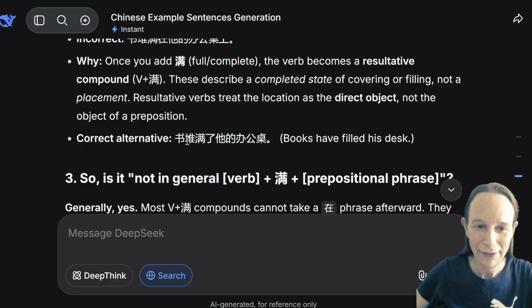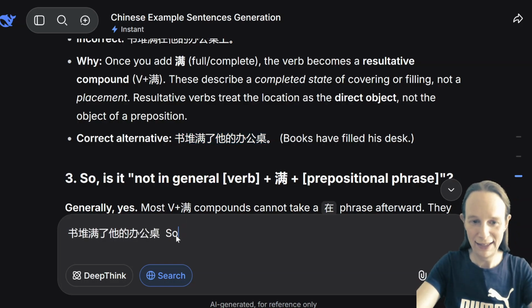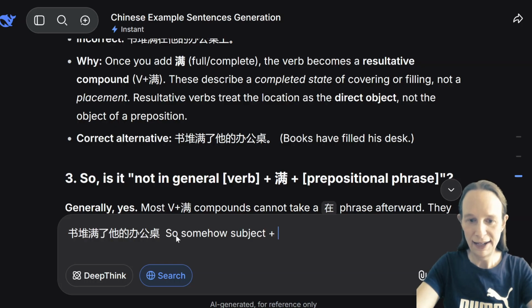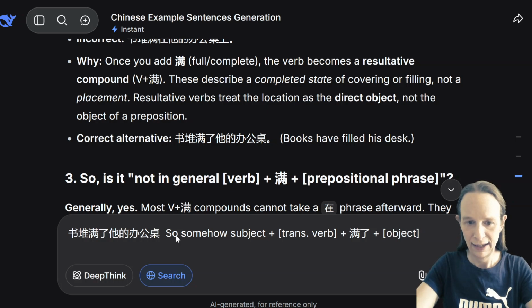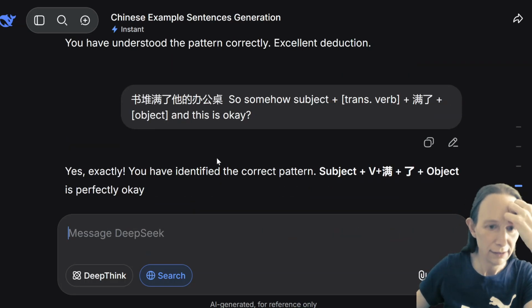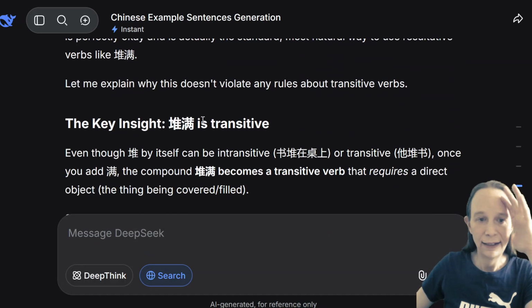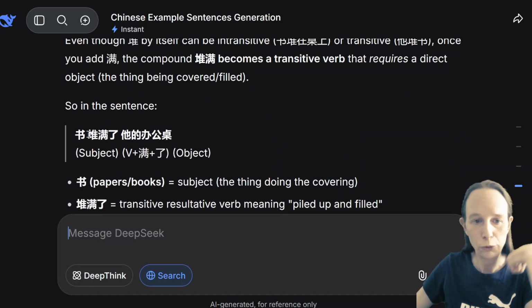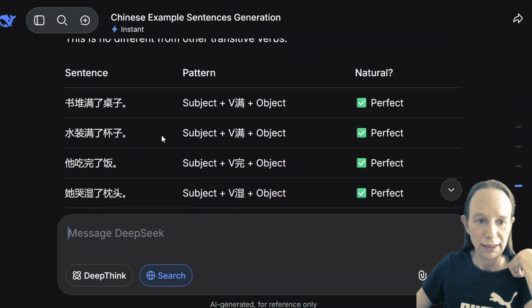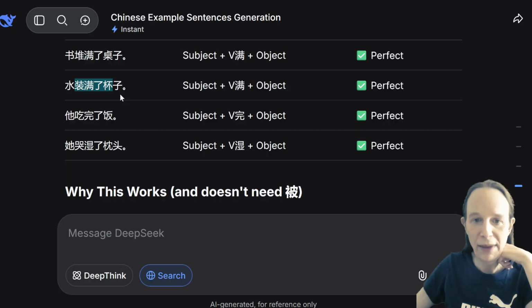So somehow this is okay. We have subject plus transitive verb plus 满 plus object. And this, okay. All right. 水装满了杯子.